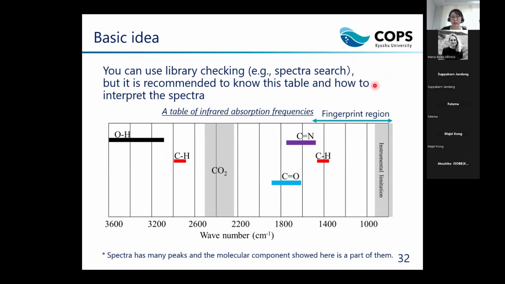And to interpret the spectral peaks to the material, you can perhaps use library checking, like for example, spectral search, or some companies sell spectral libraries to check your data, to compare your data to the library data.